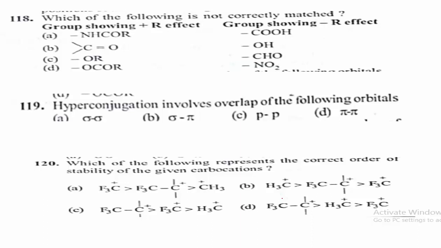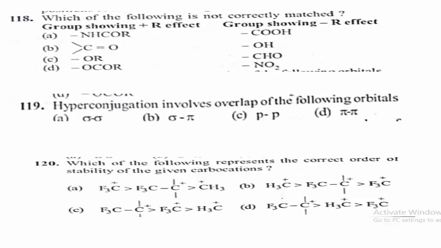Similarly, carbonyl group. Okay students, remember one thing. OH shows plus R effect. Is it right? Yes, because it contains a pair of electrons. Therefore, it shows positive resonance effect. But they have given the OH group in the presence of minus R effect.